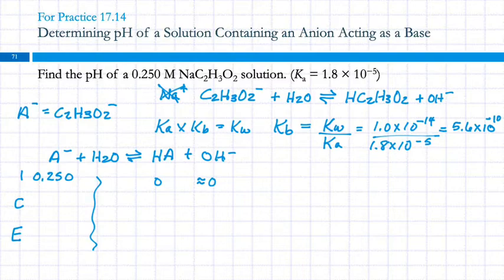There's always hydroxide ion present in water, but it's in the range of 10 to the minus 7, so most of the time we can ignore it. I am a detail person, so I can't bring myself to write that it equals 0, because it doesn't. So then we're going to lose some of this as X and make some of this the same amount. And so 0.250 minus X, X, and X.